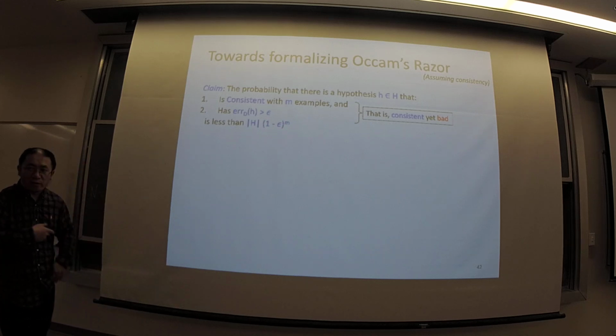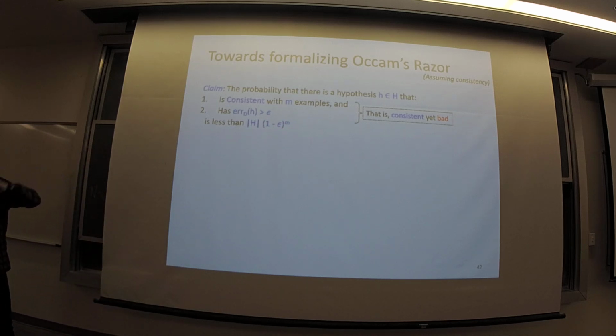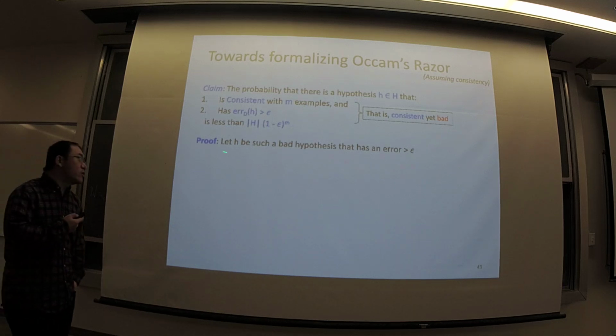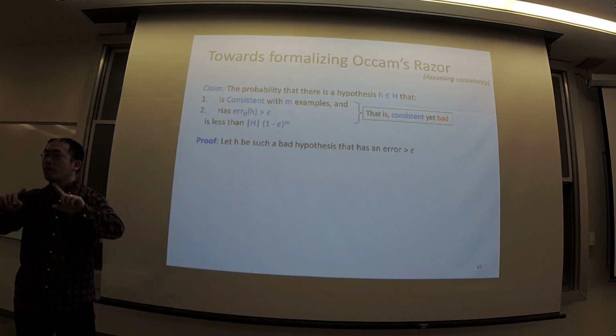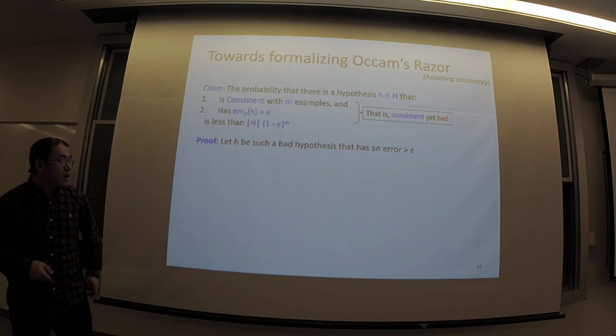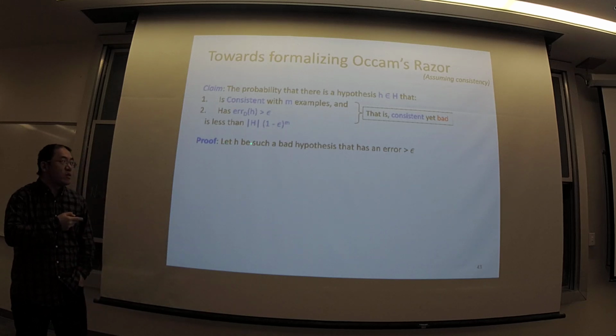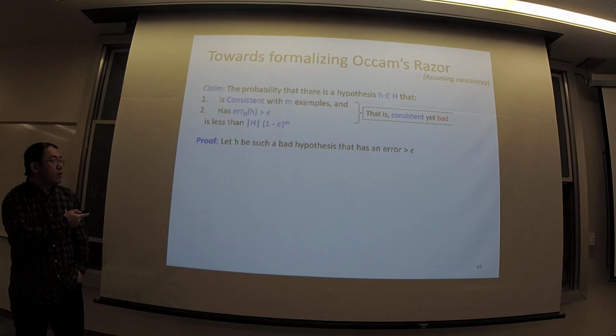So to give a deeper understanding of this claim, we can try to prove it. Through the proof, you will feel it's more natural. Okay, so let us first assume, the claim is that there is such a hypothesis. It doesn't indicate any specific hypothesis. We're starting from a simpler step. We assume we find such a bad hypothesis, which is small h.